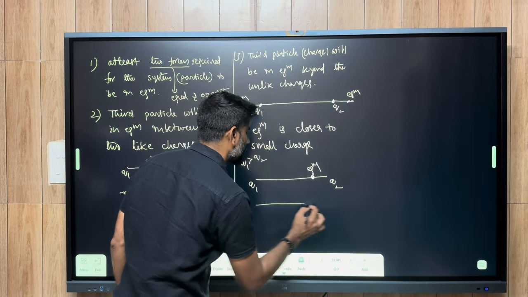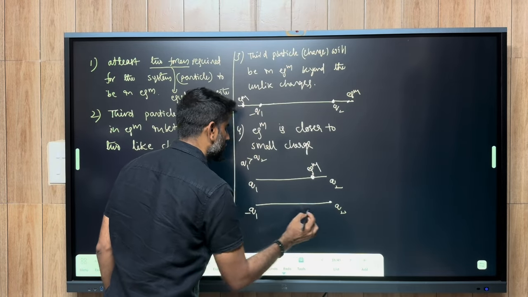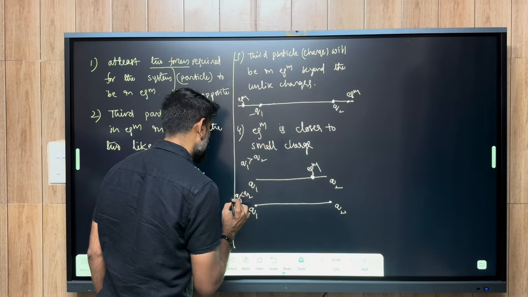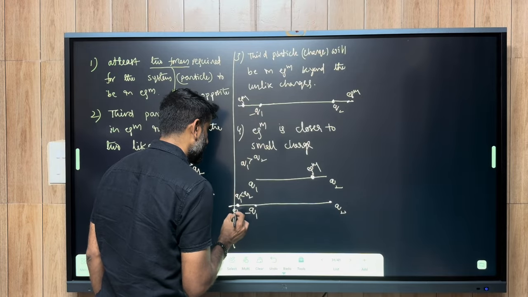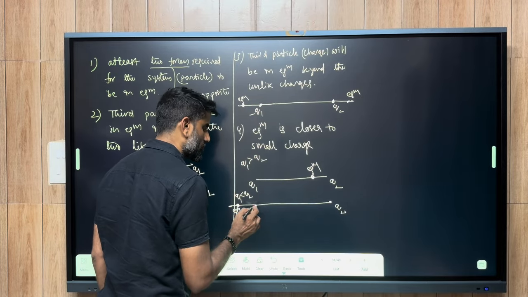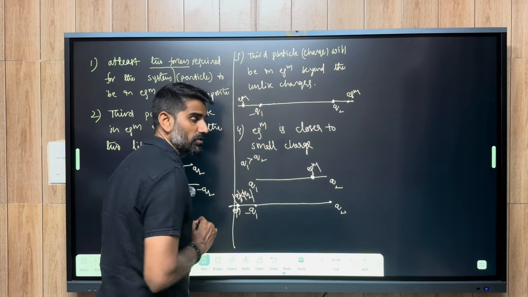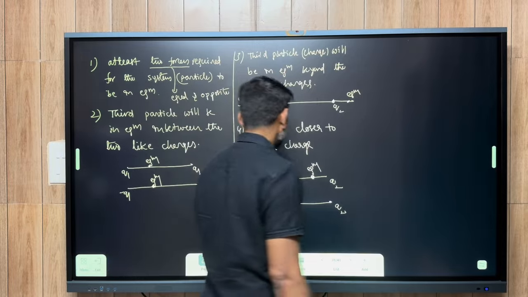If this is minus q1, q2, and this time q1 is less than q2, then the equilibrium lies somewhere here, close to the smaller value and beyond it, because the two charges are unlike charges.